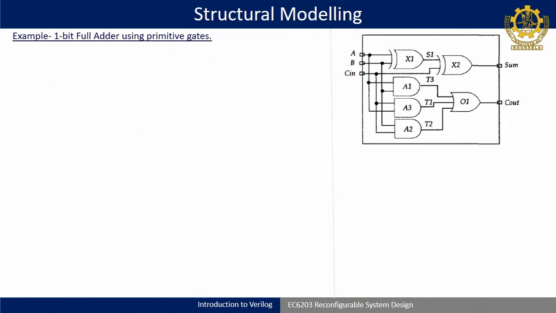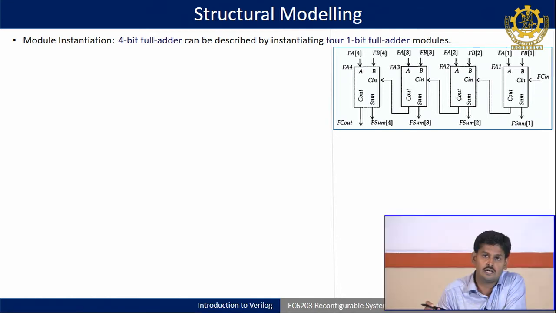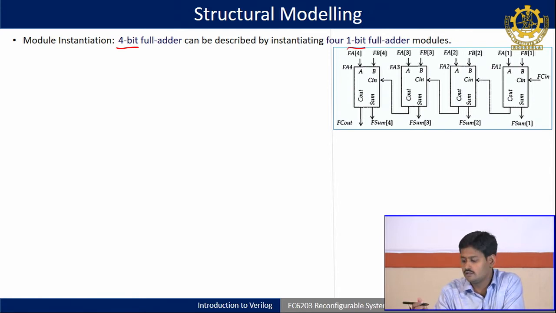Now next is structural modeling. Assume that I have designed a full adder. Structural modeling means we will connect it, using module instantiation. I will call a full adder, and we are now designing a 4-bit full adder by using the 1-bit full adder. This is also called a ripple carry adder, RCA.